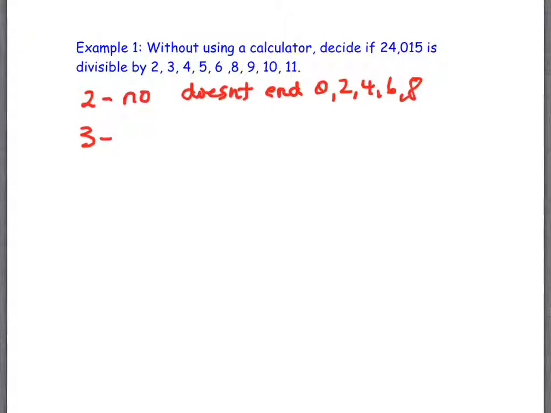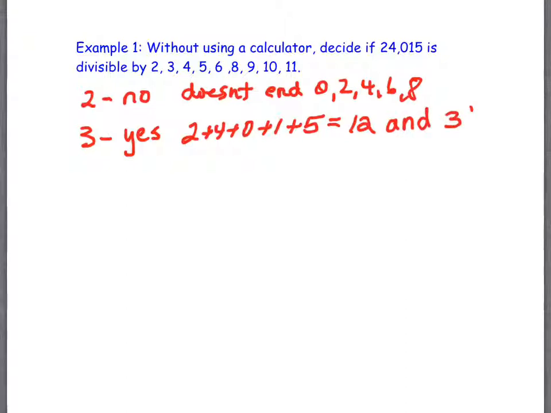How do we decide? Okay, Hannah says yes. Why? Okay, so when you add 2 plus 4 plus technically 0 plus 1 plus 5, what did you get? 12. Is 12 divisible by 3? Yes. So the original number was as well.